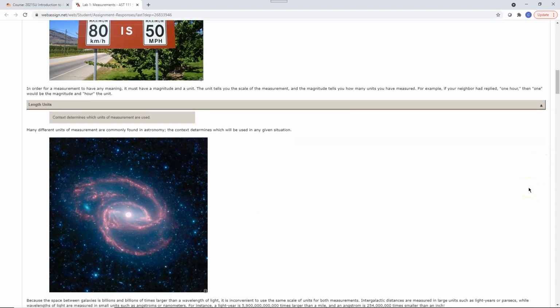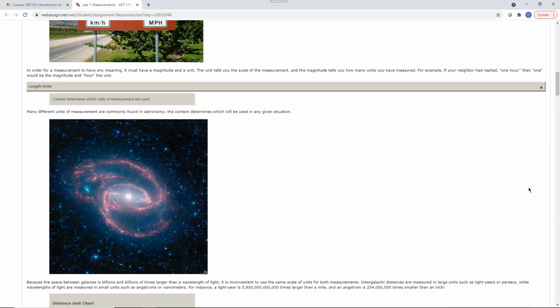Now, we look here at a random galaxy. It says here it's inconvenient to use units of miles and things for this. Intergalactic distances are measured in large units such as light years or parsecs, while wavelengths are measured in units such as angstroms or nanometers.